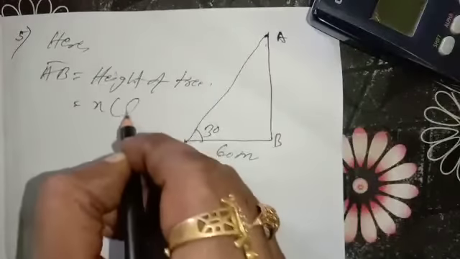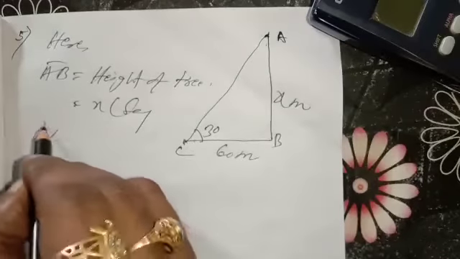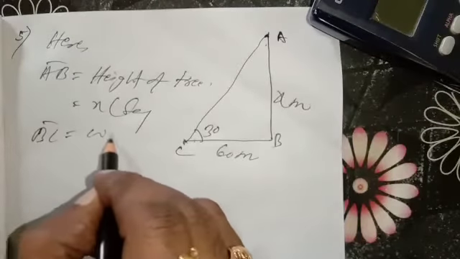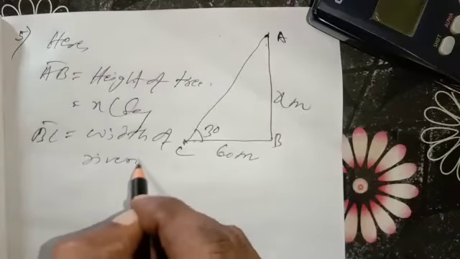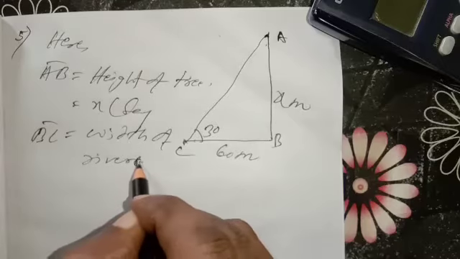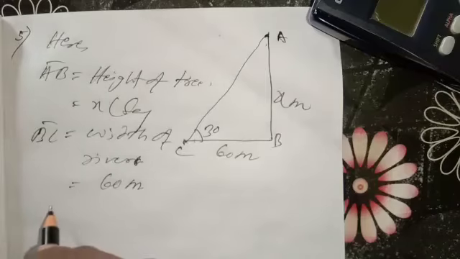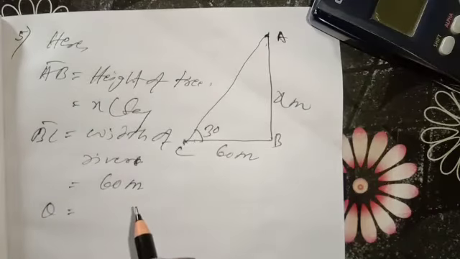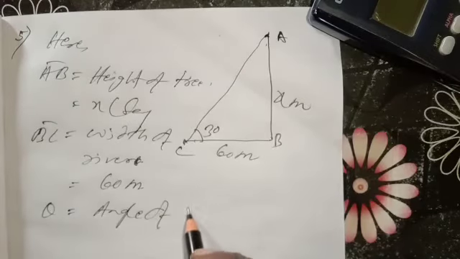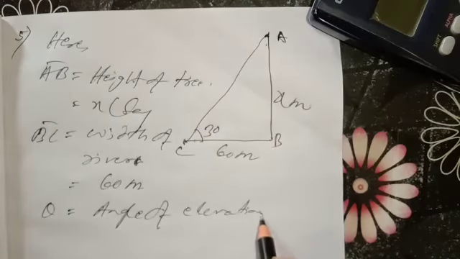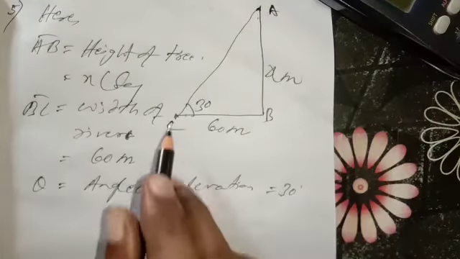Let that be x meter, and BC, the width of the river, is 60 meter, and theta, the angle of elevation, is given as 30 degree. The angle of elevation of the top of the tree at this point.